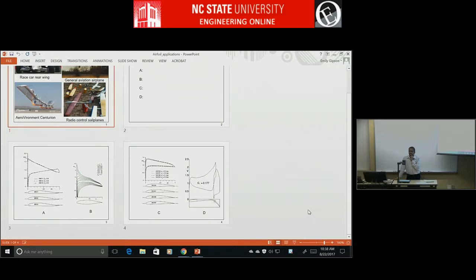Okay, any other connections? Come on, somebody make a guess. It's okay if you're wrong. We're just throwing some things out. Yeah. I guess the B one is the AeroVironment Centurion profile. I think it is, like a high lift airfoil because it's got a cusp at the end. Yeah.